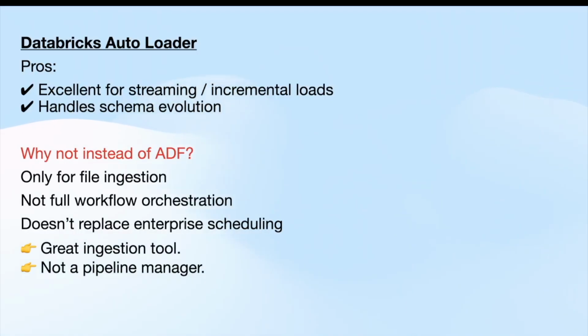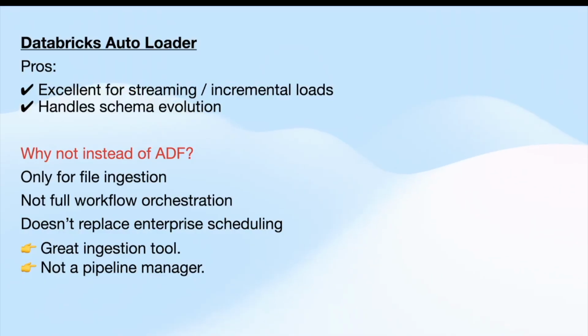Whereas in ADF, you can connect directly, extract, and seamlessly land the data into our ADLS Gen2 storage. Autoloader is a great ingestion tool, no doubt, but for our scenario it is not the most suitable tool. That's why I have chosen ADF.